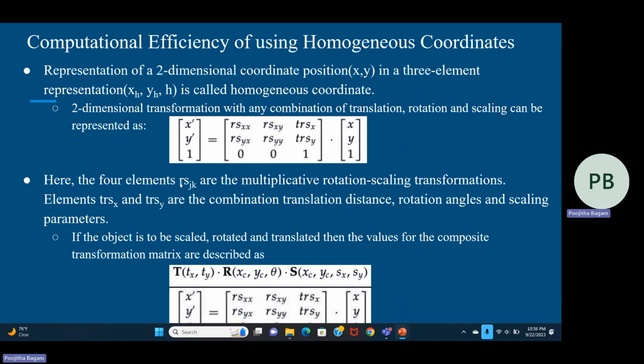Here the four elements rSxx, rSxy, rSyx, rSyy are the multiplicative rotation-scaling terms, and the elements trSx and trSy are the combined translation distances, rotation angles, and scaling parameters. So here we can see if the object is to be scaled, rotated, and translated, then the composite matrix is described as T of Tx, Ty multiplied by R of Xc, Yc, angle theta multiplied by S of Xc, Yc, Sx, Sy.